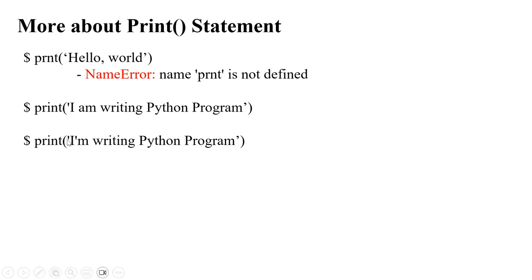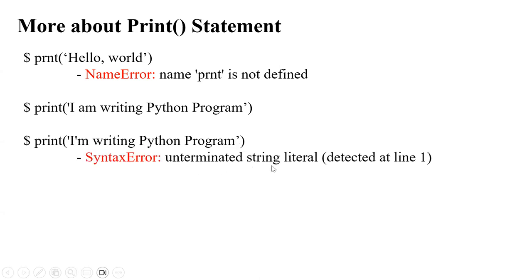The Python interpreter understands that the string started here and ended here, so it considers only up to there, and the remaining last single quote is invalid. That is an unterminated string literal, which is a syntax error.